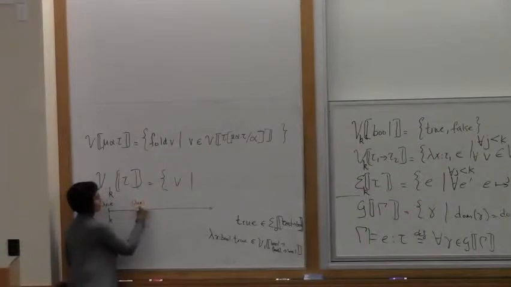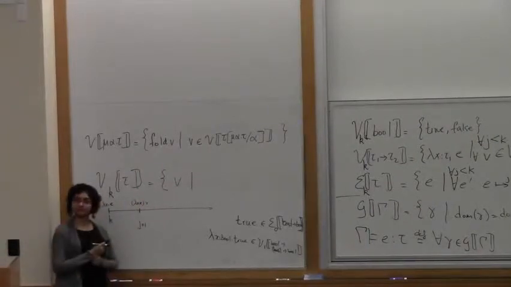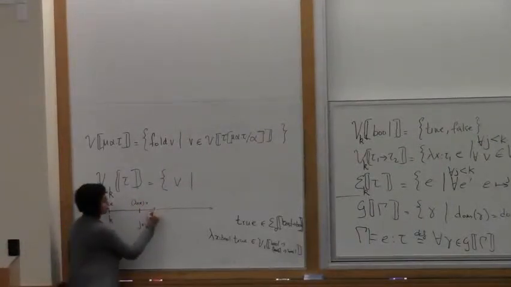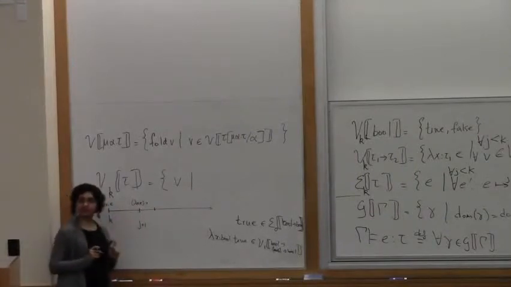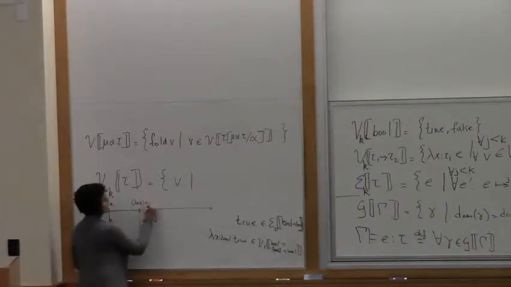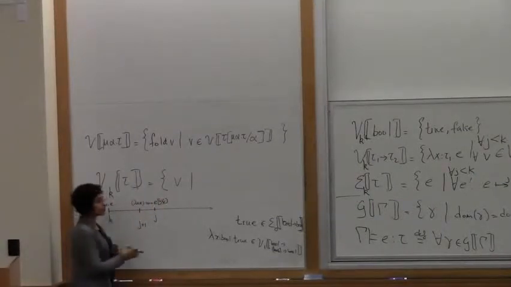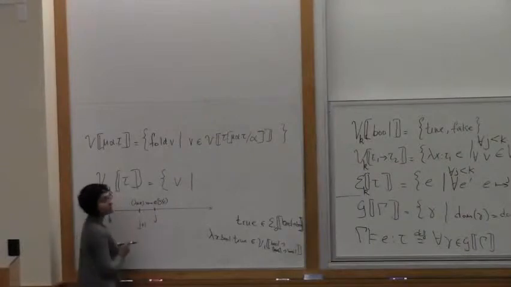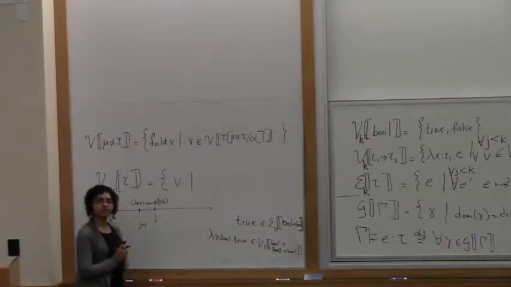And now we're going to take our lambda x dot e and apply it to that value. This beta reduction step is going to eat up exactly one step. And now you will have j steps left. Okay? So at this point, this expression will have stepped to e with v for x. That's what we have when we have j steps left. So now we just need to show that the e with v for x is good for the remaining j steps.